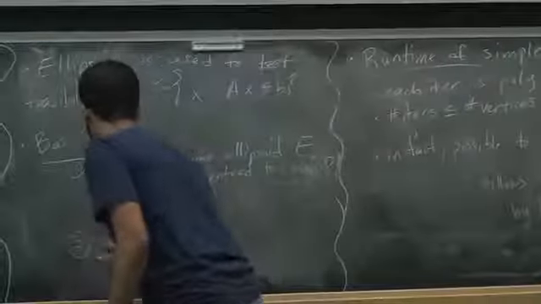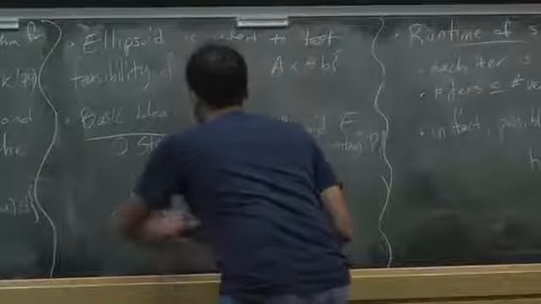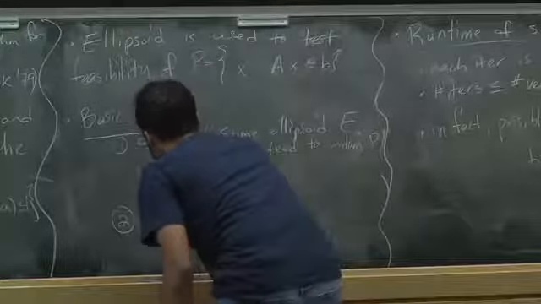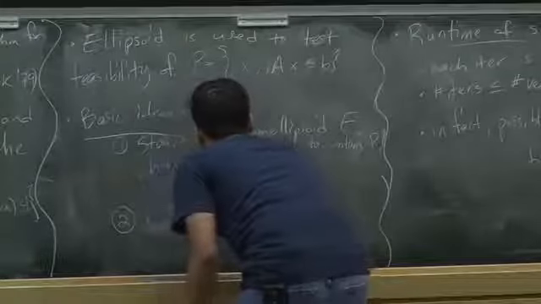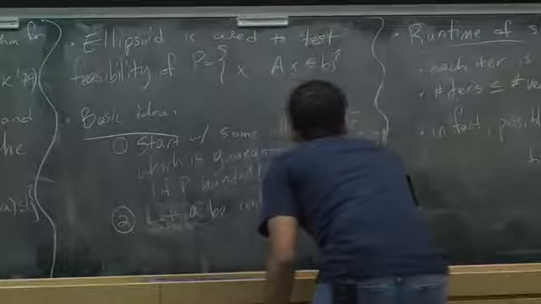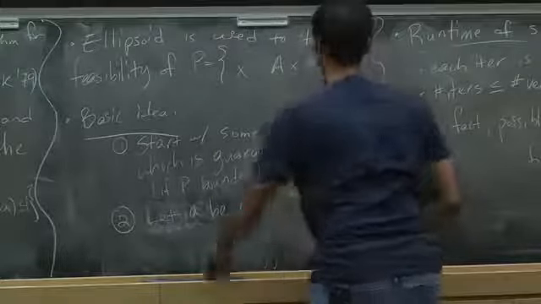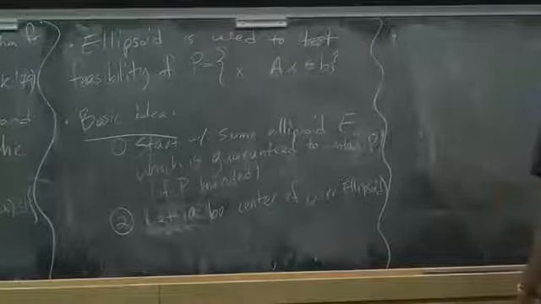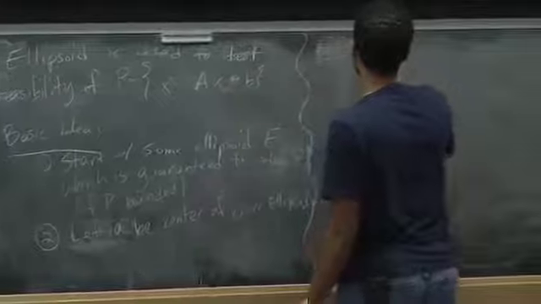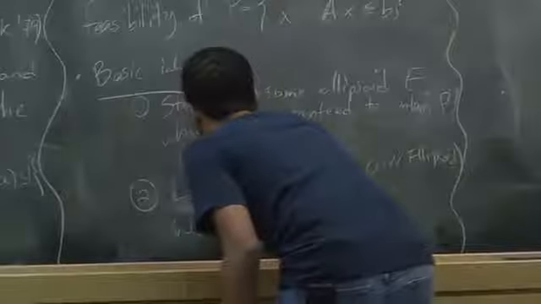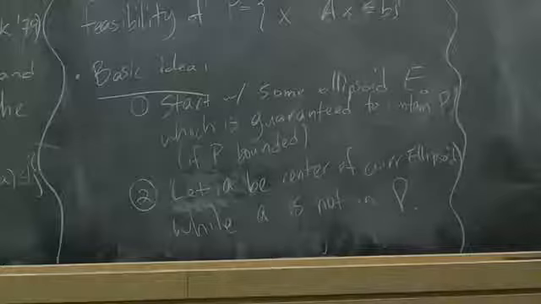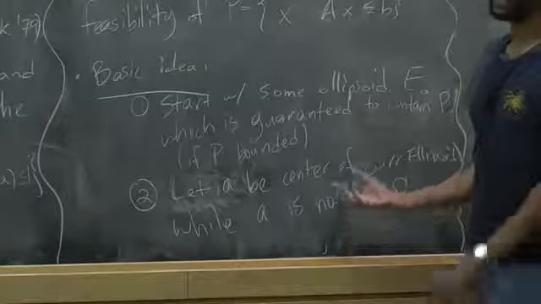Okay, so two, check. Let's say A is the center of the current ellipsoid, and while A is not in P. So if the center of the current ellipsoid is in P, we're done.